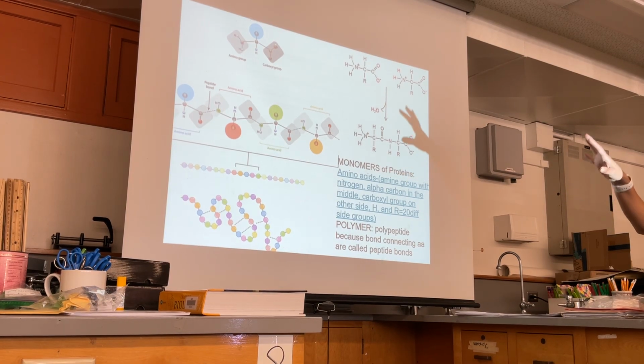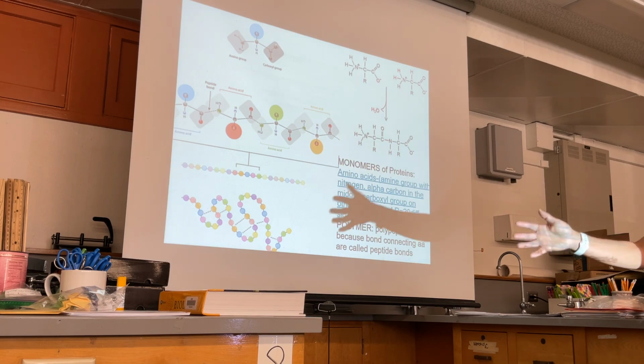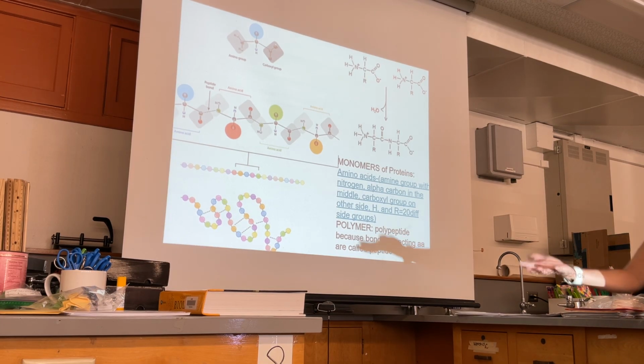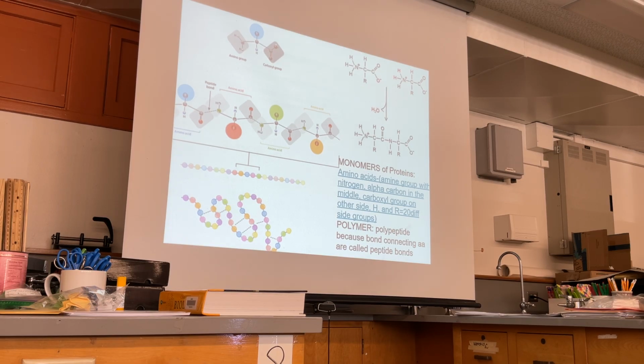And with the amino acids, some of the R groups are positive, some are negative, some are polar, some are non-polar. So it gives them the ability to fold and make a shape. What do you think these are right here, these dotted lines in between, where I see two amino acids interacting? That would probably be hydrogen bonds, right? And then other times you can form ionic bonds, which are a little bit stronger, to make sure the shape is in the right order.